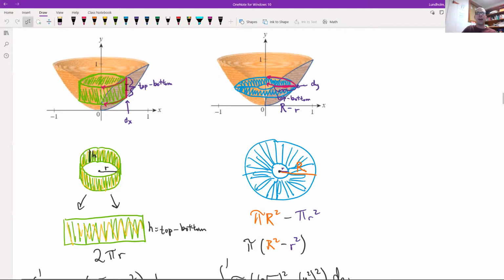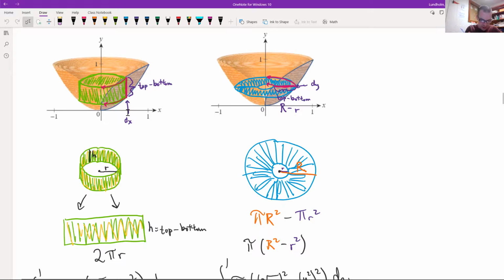So top minus bottom gives us the height of the cylindrical shell. And the length of the cylindrical shell, when you unwrap it, will be 2 times pi times the radius of the cylindrical shell. The radius in this case will just be whatever x value you're at.